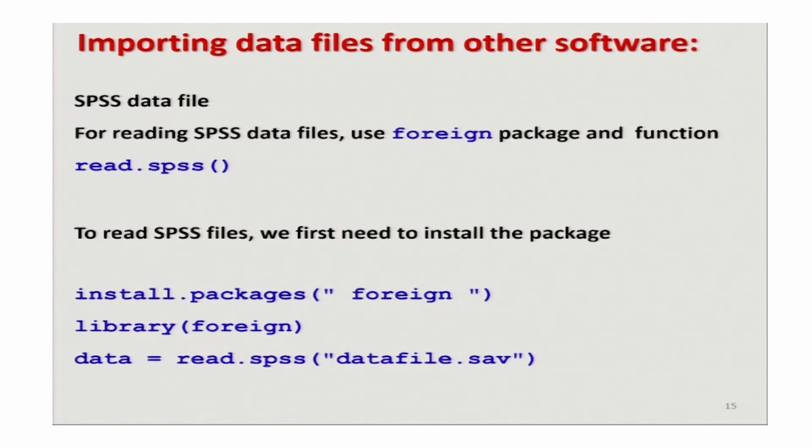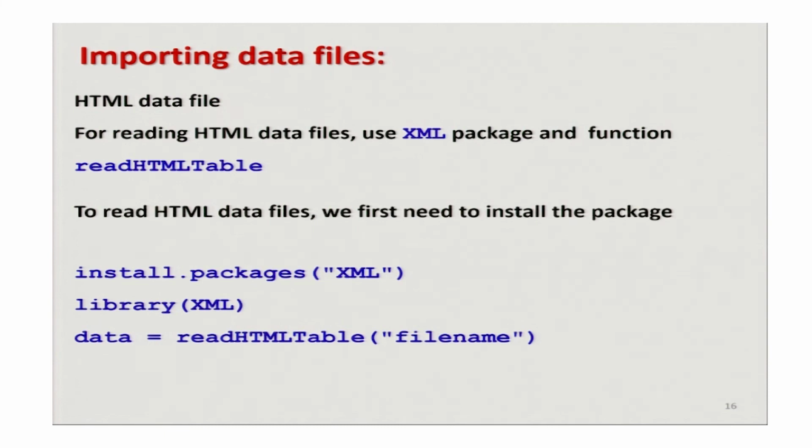There is a package called foreign, and you will need to install it if you want to read files generated in the SPSS software. Then use the command read.spss and give the file name, data file.sav, and it will work exactly the same way as with the XLS file.